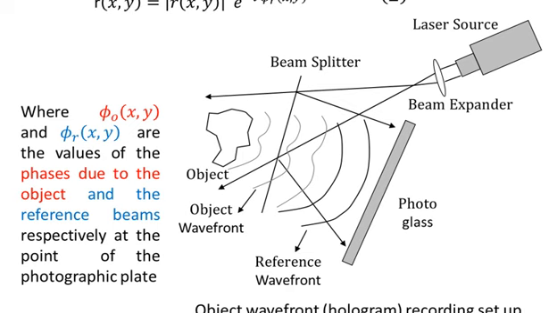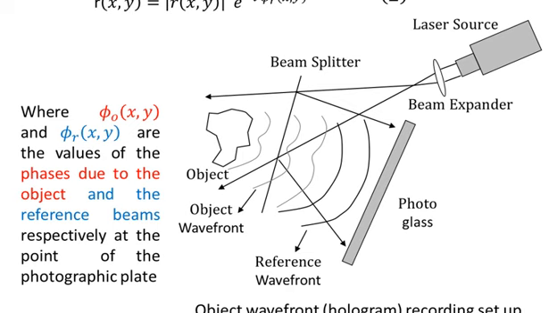The beam which illuminates the object is scattered in all directions, and a part of that scattered beam is received by the photoglass. The scattered beams have been shown with light intensity. So you see that the scattered, or object, wavefronts have been shown, and in solid the reference wavefronts have been shown.